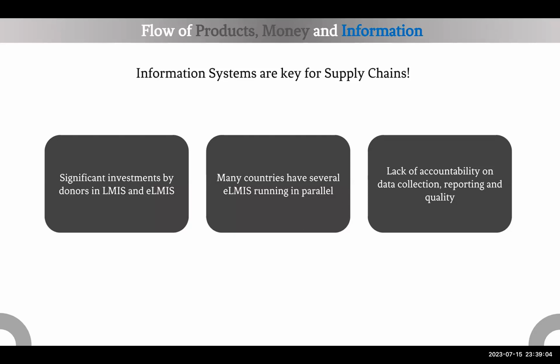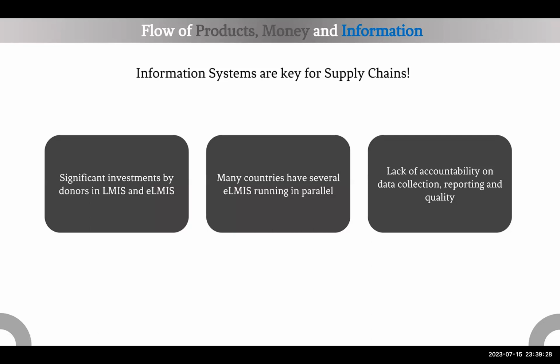Supply chain is a continuous thing. So you cannot just take a decision and let things happen. It doesn't work like that. Supply chain managers and leaders always have to be on top of what is happening, which has to be guided by data and information. Hence, information systems are key.